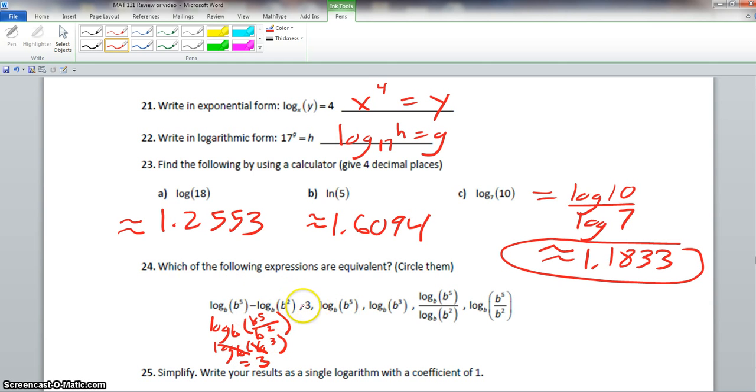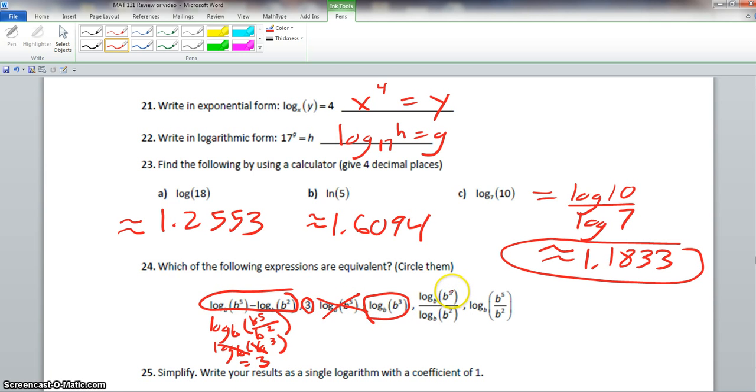So now if you notice here, this first value is 3 and this second value is 3. So we know that these are equivalent to each other. But actually these 3 are equivalent to each other. So now we need to check out the rest. So we have log base b of b to the fifth, log base b of b squared. We know that will be 5, so we know that doesn't work.